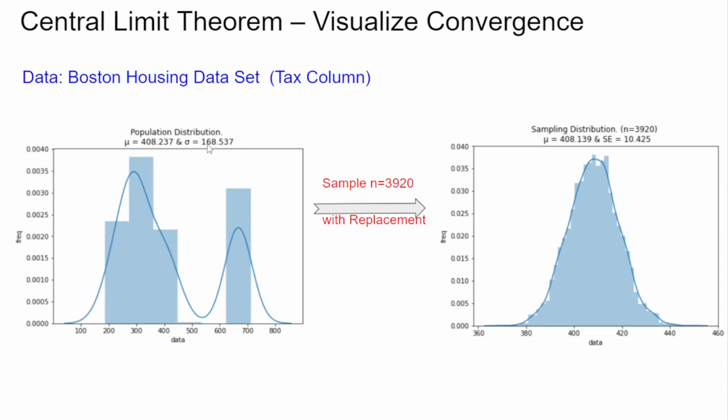So if you take a ratio of 168 by 408, you will get a much larger ratio, which tells us that this standard deviation is just too off. It is too big for us to operate reliably. Whereas this one is much, much closer. Okay?